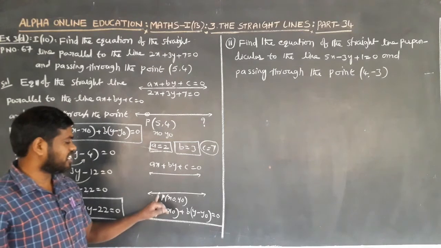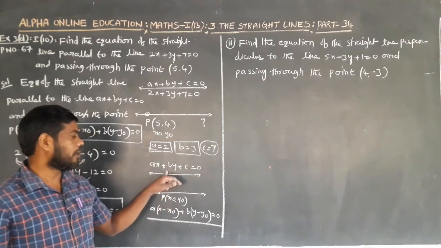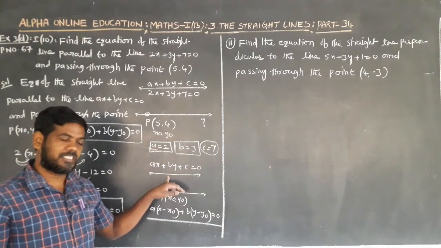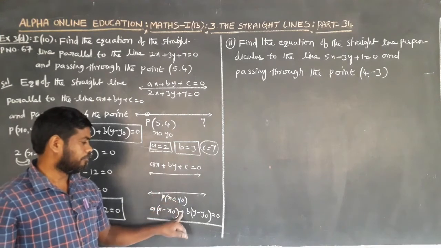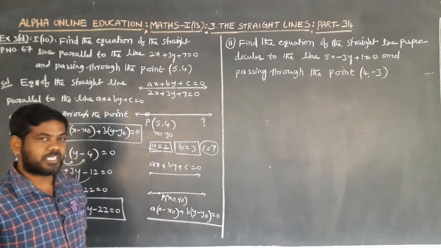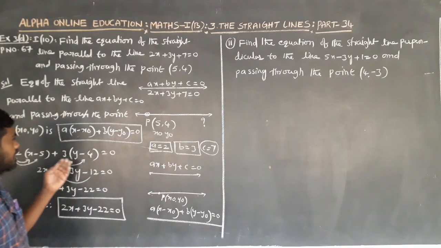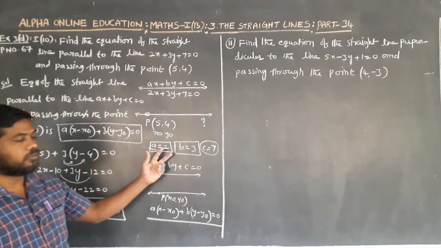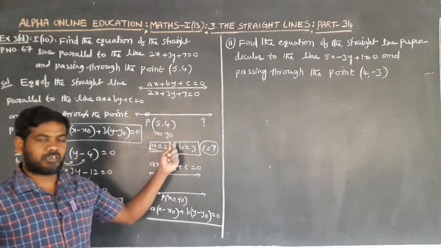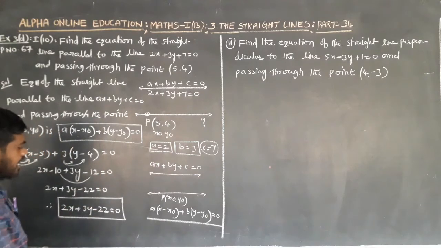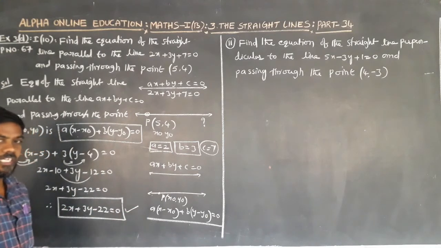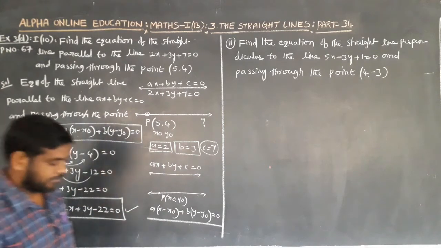Substitute the a, b values and x0, y0 values and simplify. This is the required equation of the straight line.